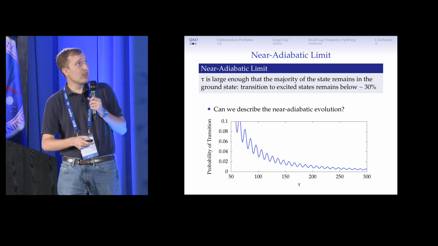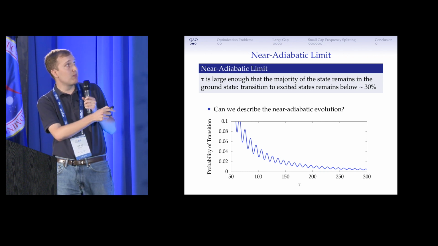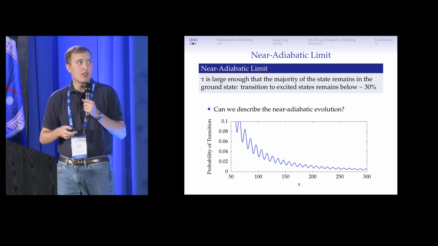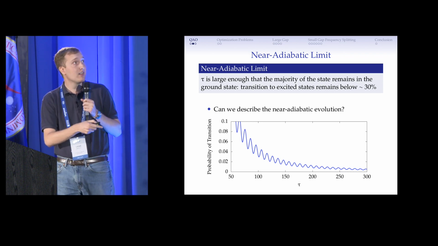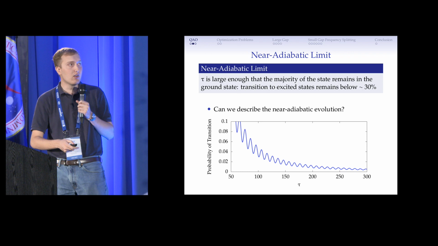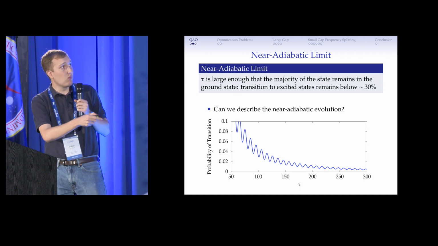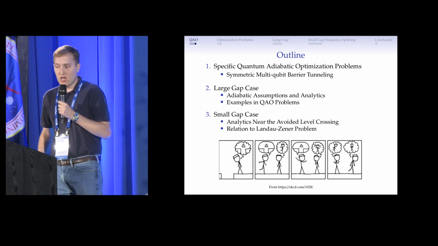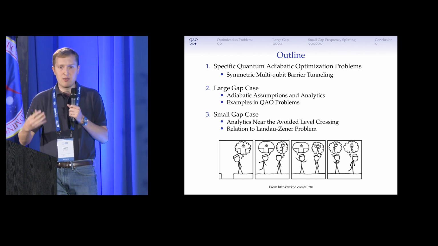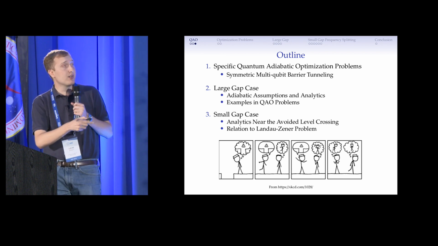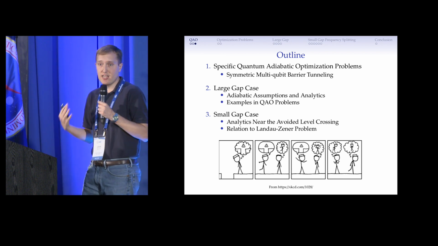And essentially what we want to do is look at the probability of transitioning out of the ground state as a function of the total runtime that you take. So essentially, every point on this graph is its own annealing experiment. And we want to know, essentially, what determines this behavior. So just a brief outline of what I'm going to be talking about. I'm going to start with just a simple barrier tunneling model that I'm going to be using as an example.